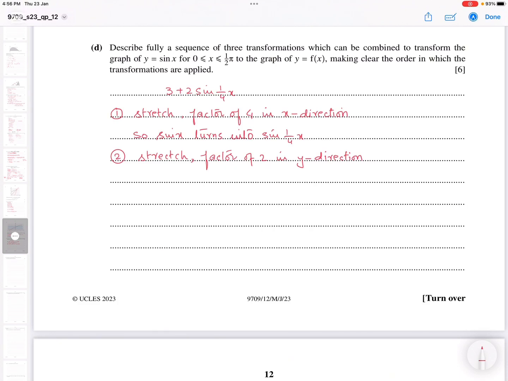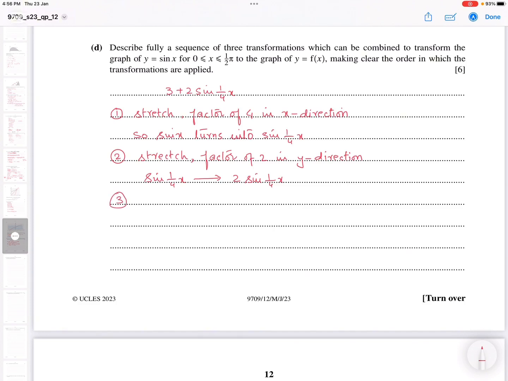So this 2 is actually the stretch factor of 2 in y direction. So sine of 1 over 4x turns into 2 sine of 1 over 4x.